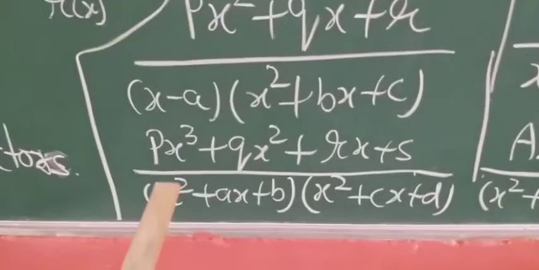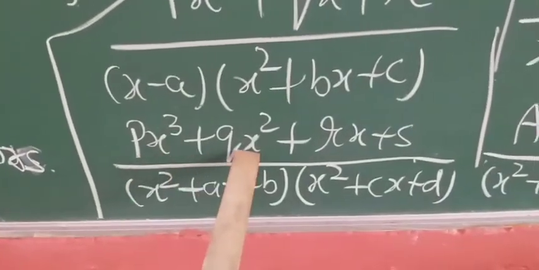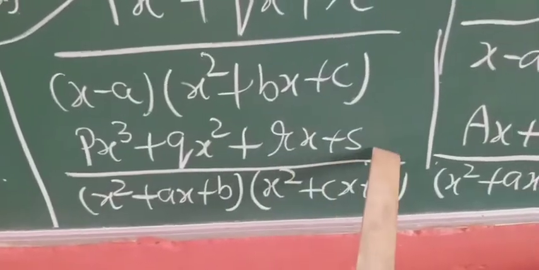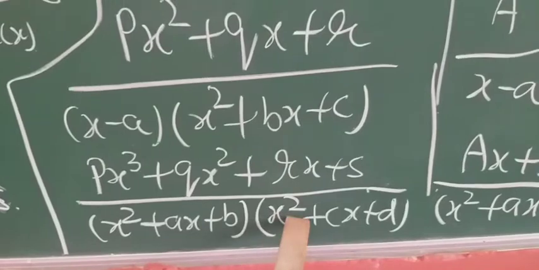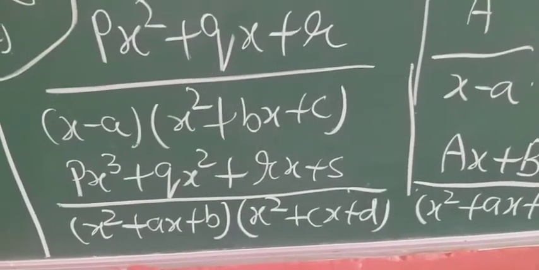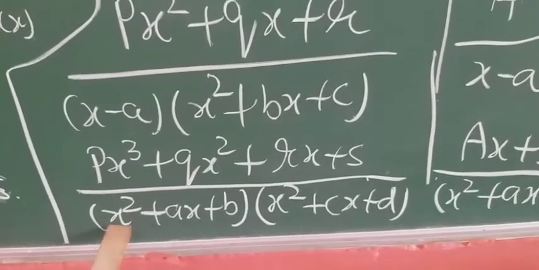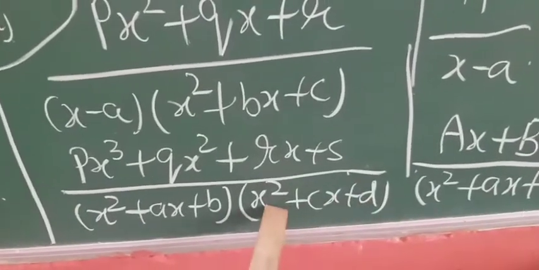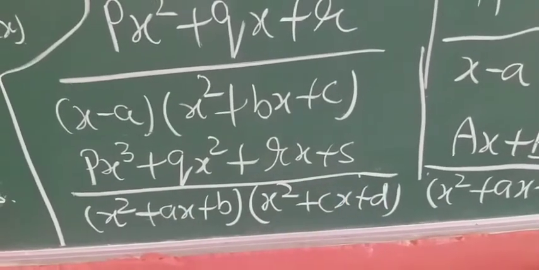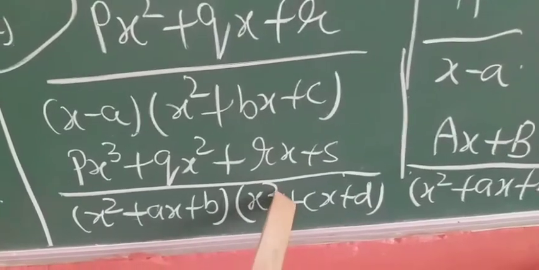Now next kind, student, px cube plus qx square plus rx plus s upon x square plus ax plus b or x square plus cx plus d. Its degree is 2, and the other's degree is also 2, and both of them cannot be factorized. Then what can we do?